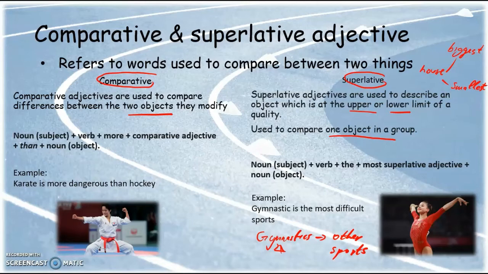Meanwhile, for the comparative adjective, we use it to compare between two objects. So, karate is more dangerous than hockey. Notice karate and hockey: we are comparing these two objects. That is the difference between comparative and superlative adjectives.